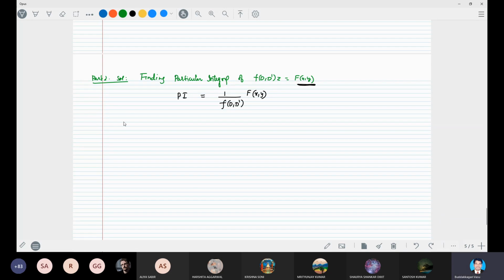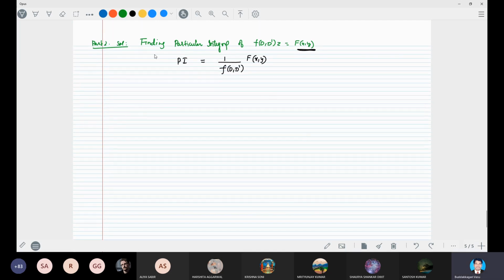I will make you a table of how we can find the particular integral.